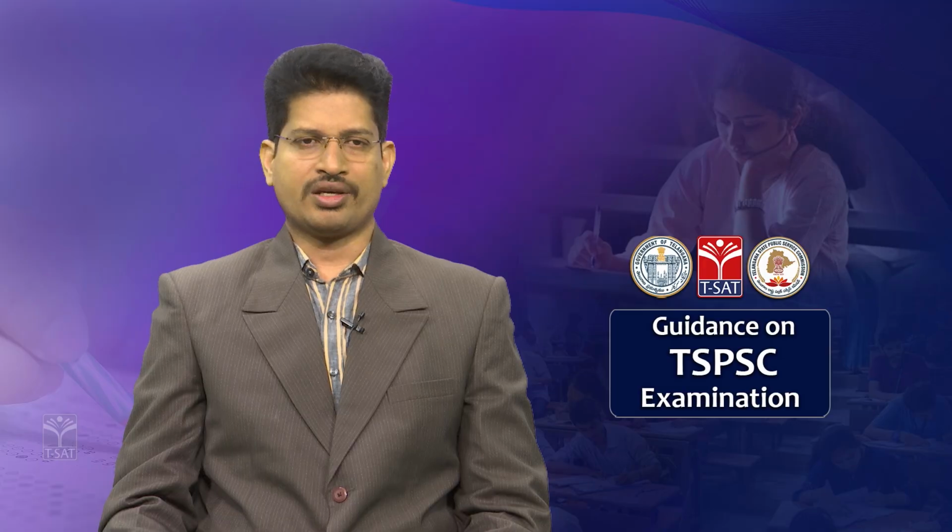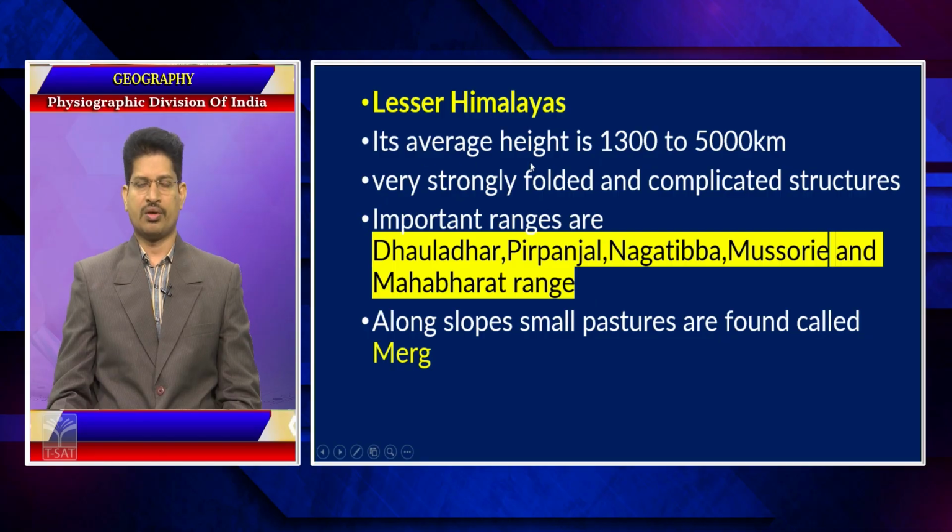So the Lesser Himalayas have an average height of more than 1300 meters. Very strongly, it is not 5000 kilometers, it is 5000 meters for the main Himalayas, and 1300 meters here. So they have very strongly folded and complicated structures.